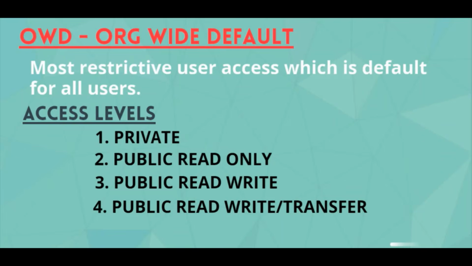OWD stands for Org-wide defaults. Org-wide defaults are basically the most restrictive user access which is the default for all users. We have four different access levels: private, public read-only, public read-write, public read-write transfer. Public read-write transfer is applicable for only leads and cases, which means all the users will have access to transfer their cases or leads to someone.